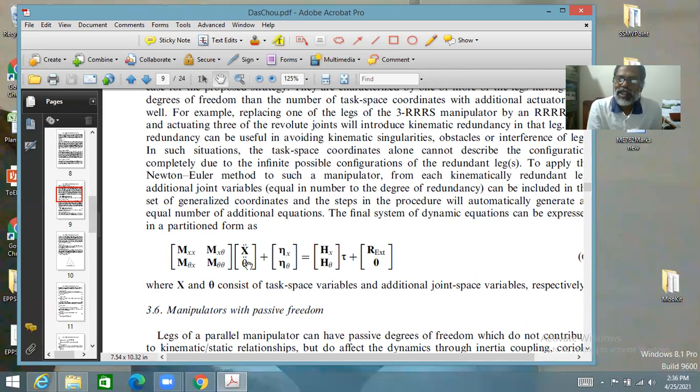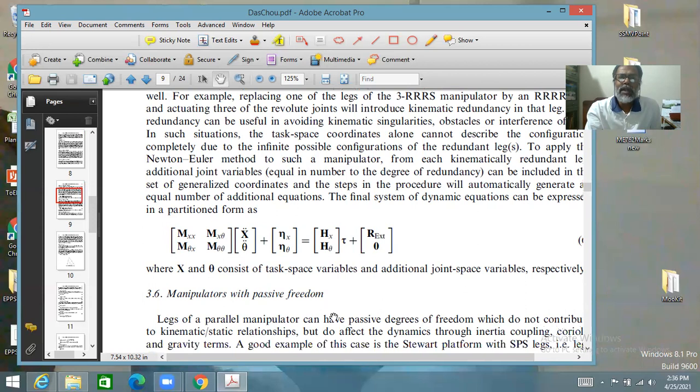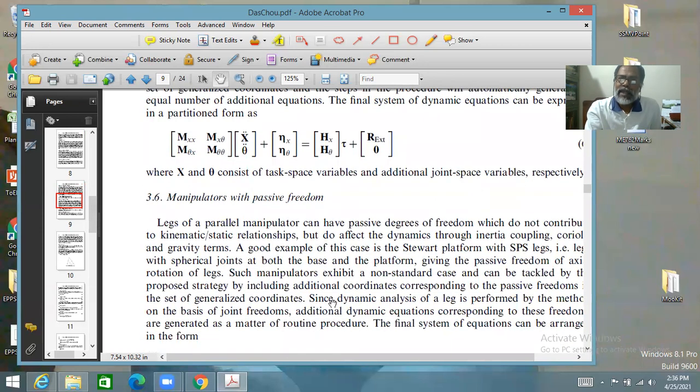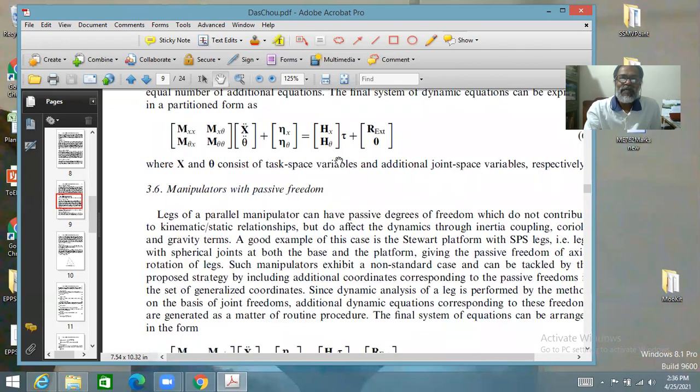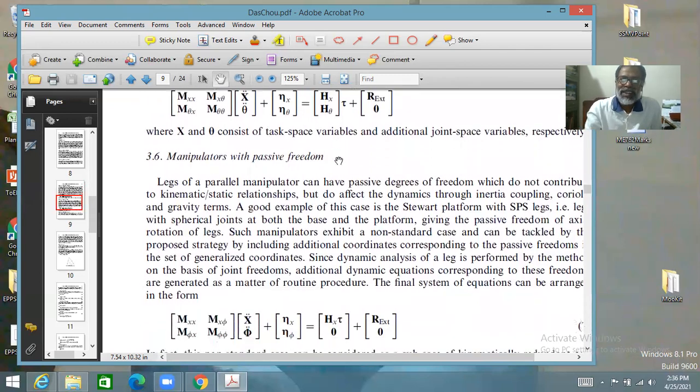Then, if you have that kind of an extra joint but you do not actuate it, then you get a case of manipulators with passive freedom. That you can get as a special case of this, because there what you do, basically, is that the corresponding actuation is missing. So for that part, you can put the tau here, and below you put 0, because that actuation is missing.